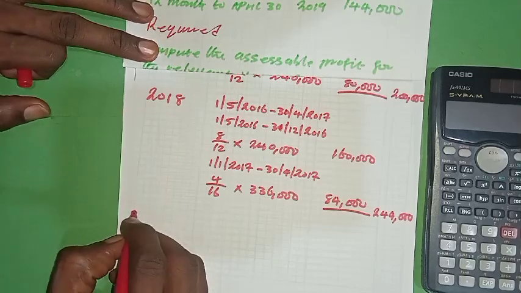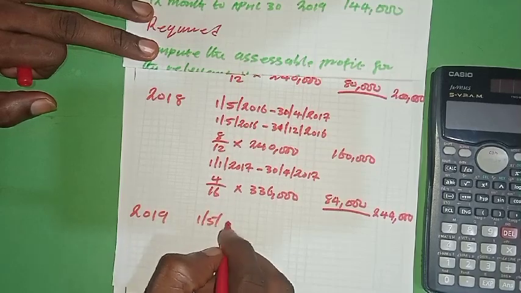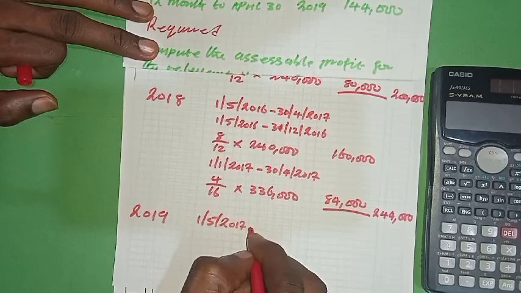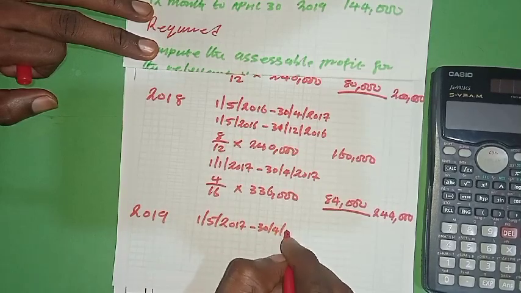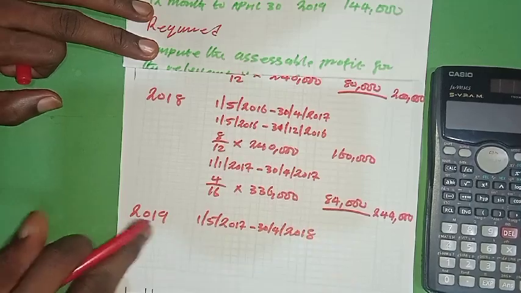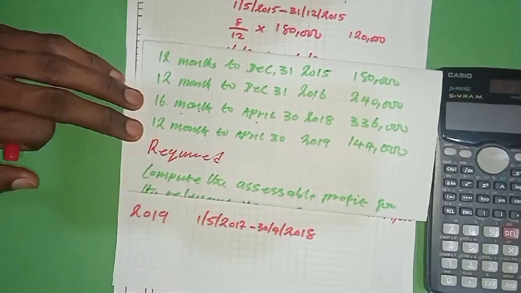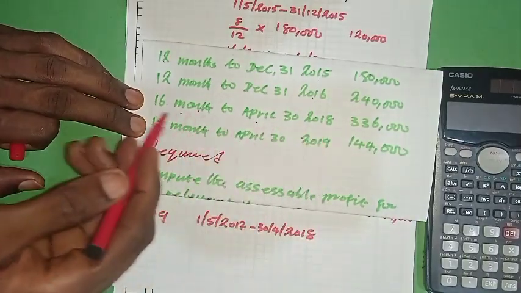Let's go to 219. The date is this, 217 to 30 April 218. 219 versus 218. Now let's check here. Now 218 is here.